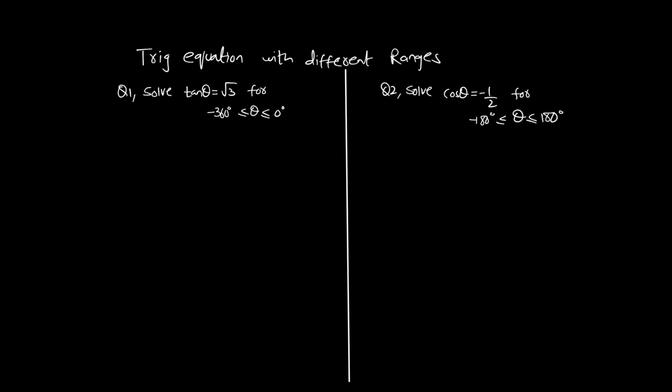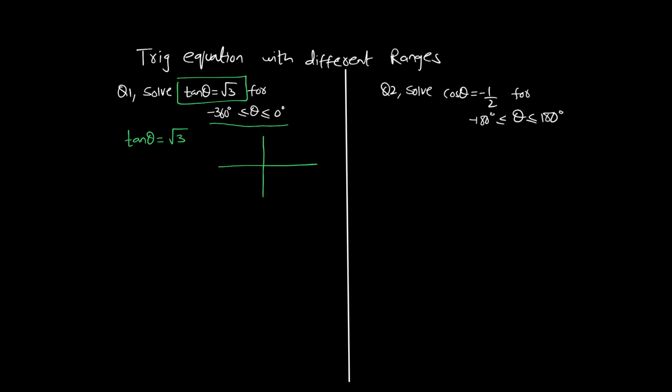Acha ji, so how to solve trigonometric equation with different ranges, meaning ranges other than 0 to 360. So in this case we have a theta range from minus 360 to 0 degree. The ratio of tan theta is positive root 3, right? So tan theta is equal to positive root 3.